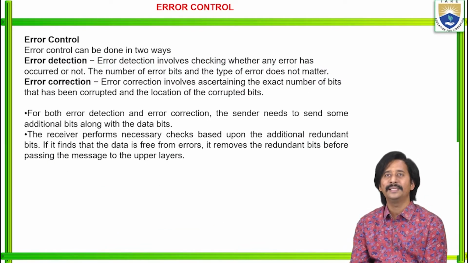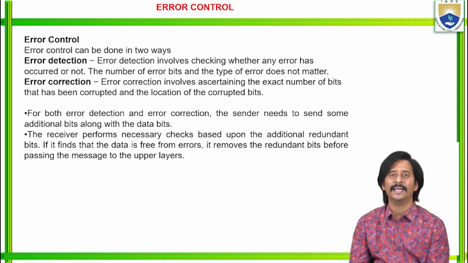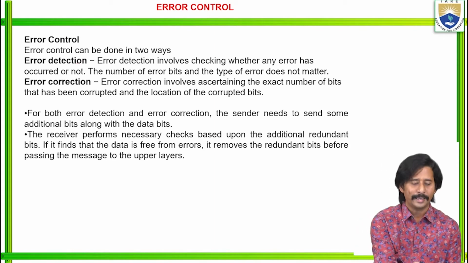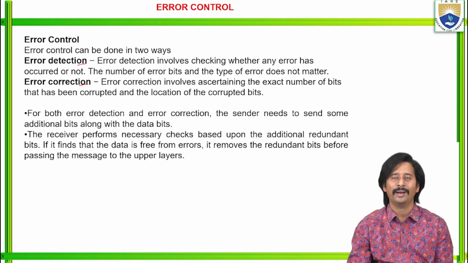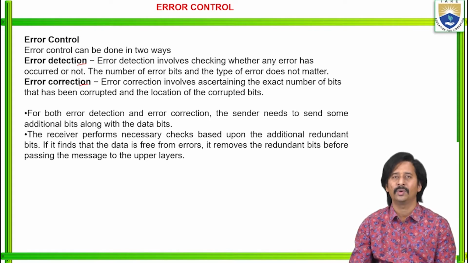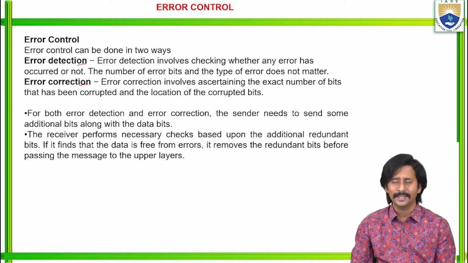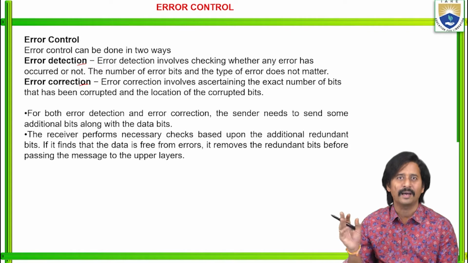Then an important one is error control. So we know in the data link layer, error control can be done in two ways, either error detection or error correction. So what is the difference between error detection and correction? See, in computer networks, error detection involves checking whether any error has occurred or not.